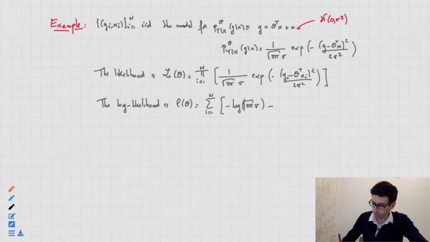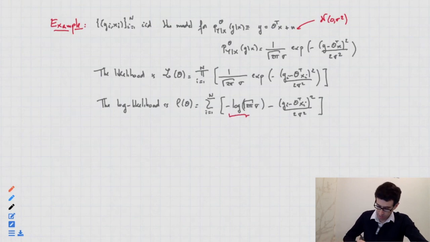Minus the log of the exponential is going to give you yi minus theta transpose xi squared divided by 2 sigma squared.